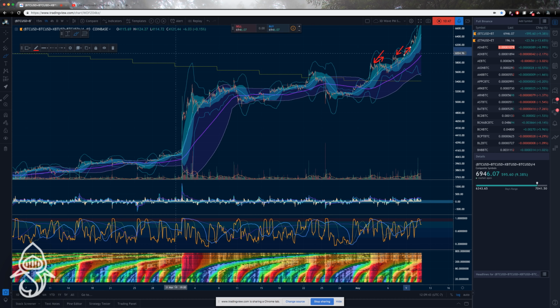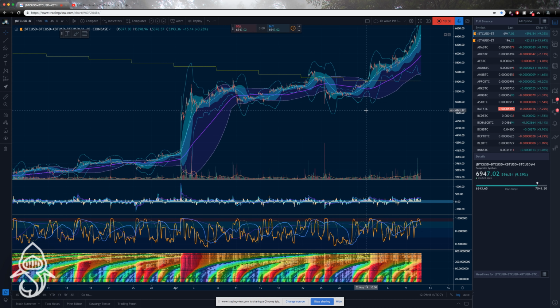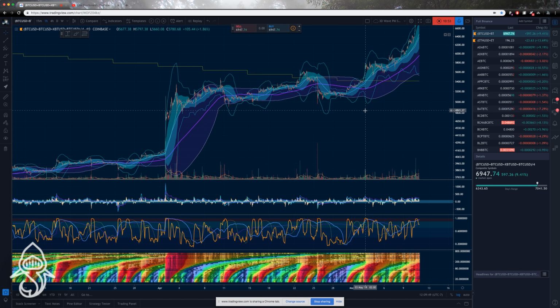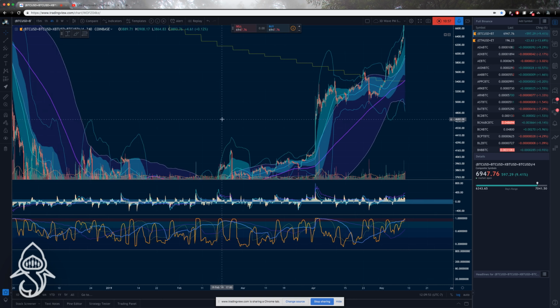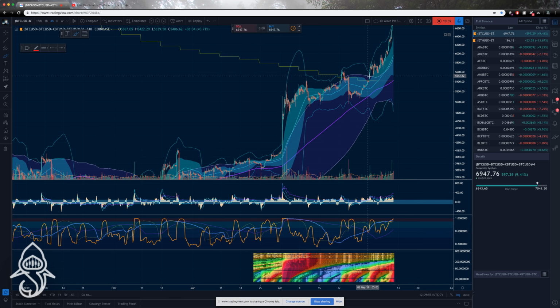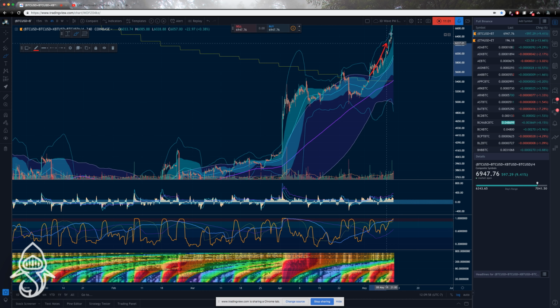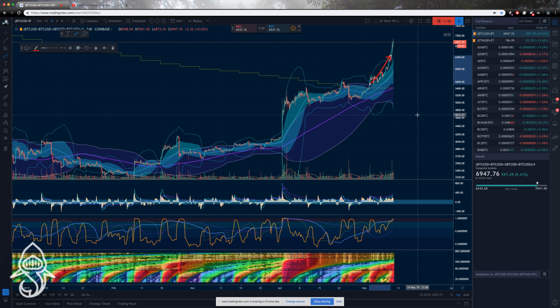Okay? Now, let's put it like this. Where on this aggressive parabola is a safe short, where on this aggressive parabola is a safe long entry? If you see price rapidly accelerating to the upside and repeatedly tagging extreme values, right?